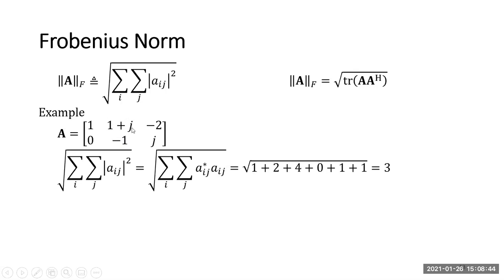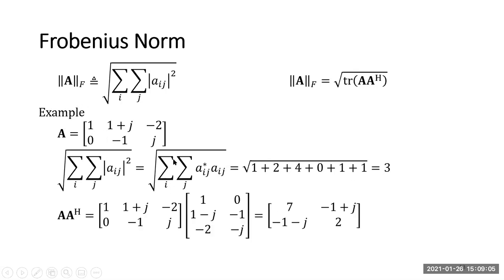The product of 1 plus j and 1 minus j is 2. Then 2, 0, 1, and 1. Square this, so that's 4, 4, 0, 1, 1, and take the square root of that. You get 3. That's the Frobenius norm of this matrix A.